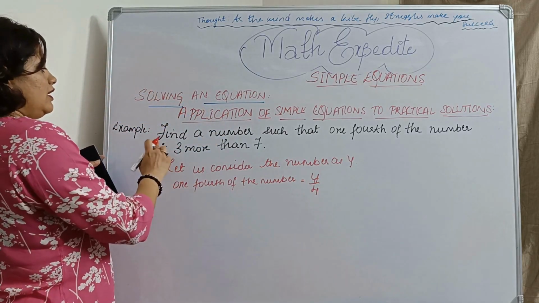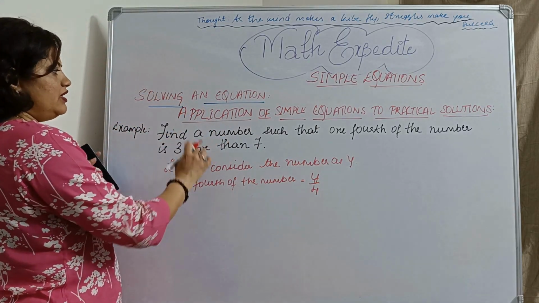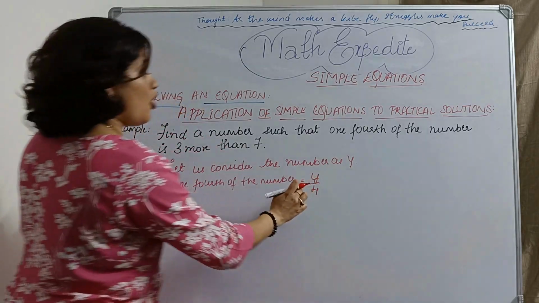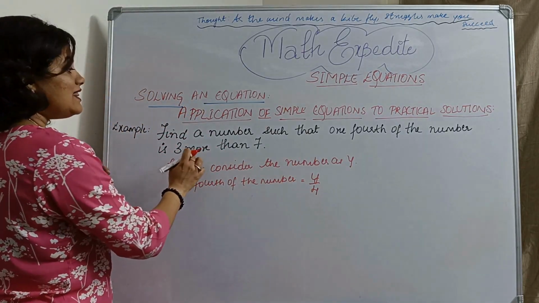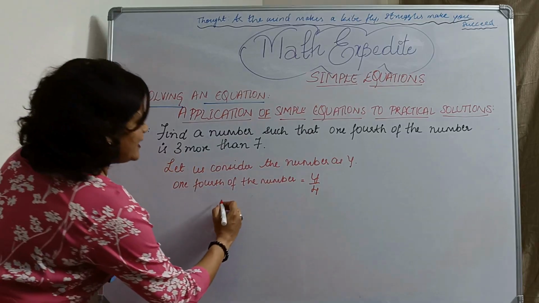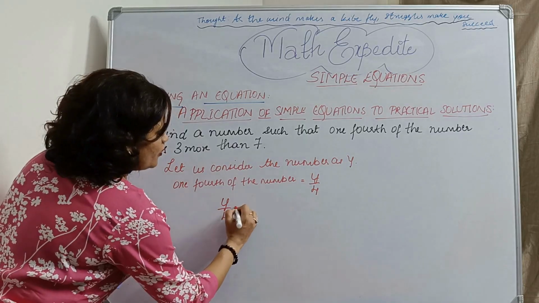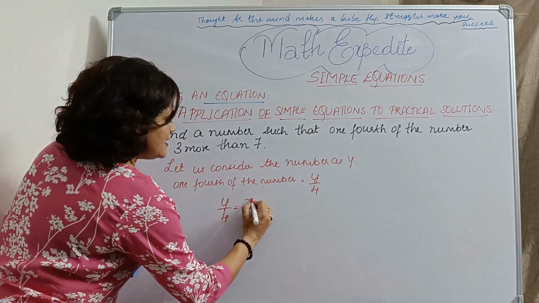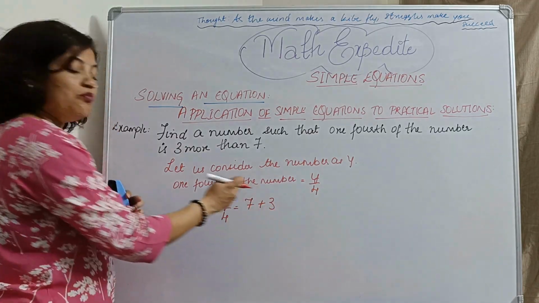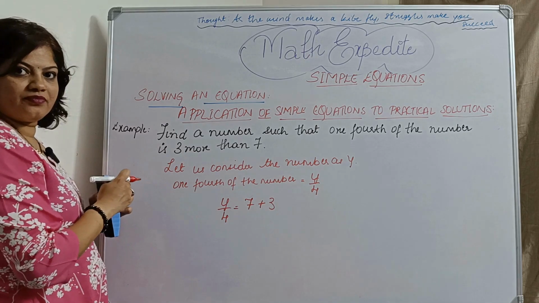Okay. Again, let us read the question. Find a number such that 1/4 of the number is 3 more than 7. So they are telling y by 4 equals 7 plus 3. That is 3 more than 7.